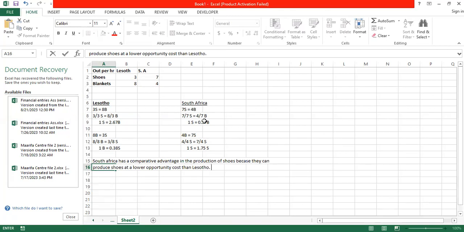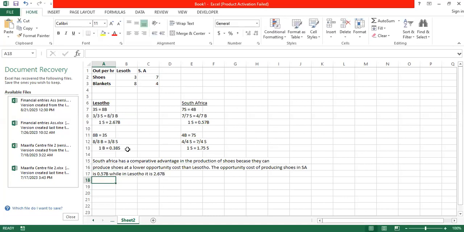Then we can say the opportunity cost of producing shoes in SA is 0.57B, while in Lesotho it is 2.67B, right?